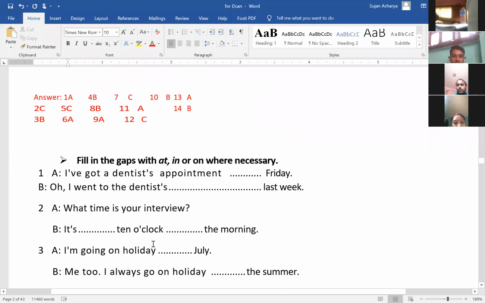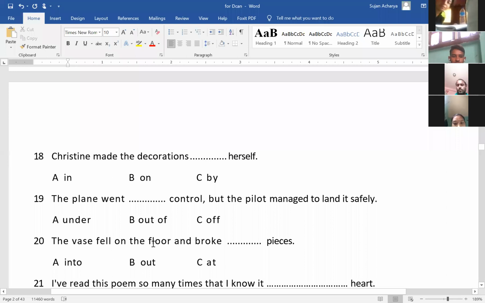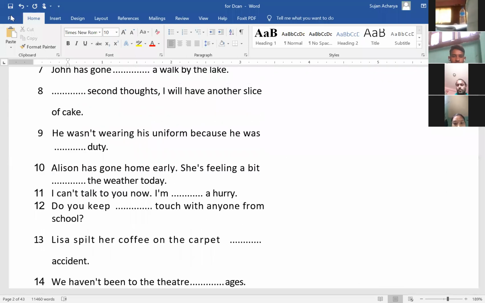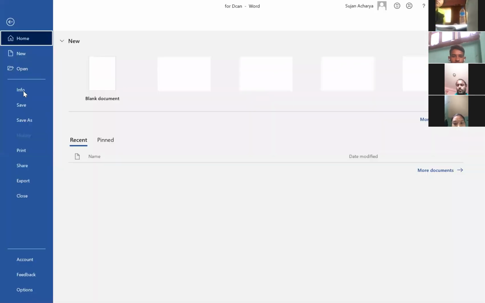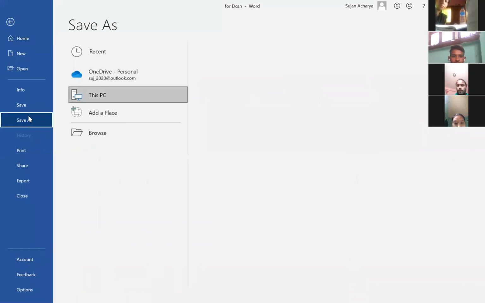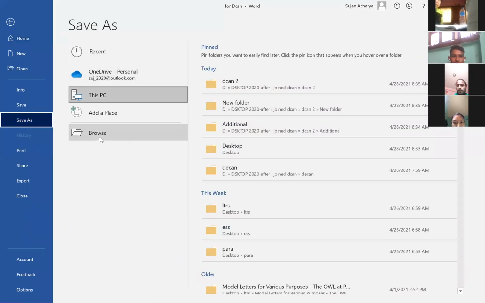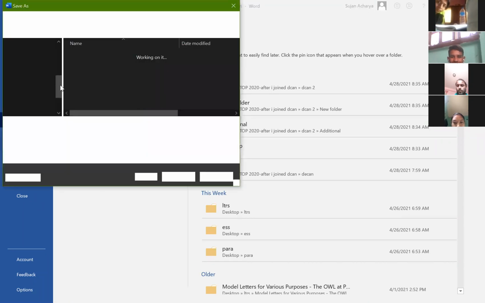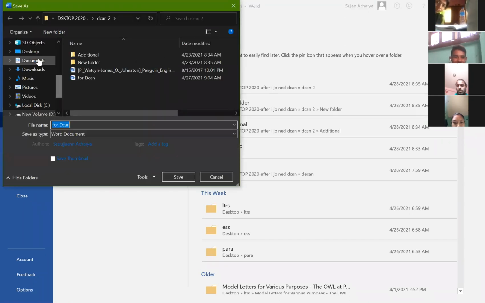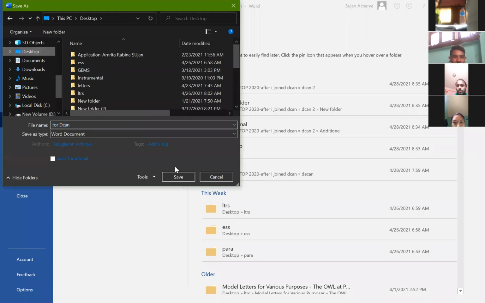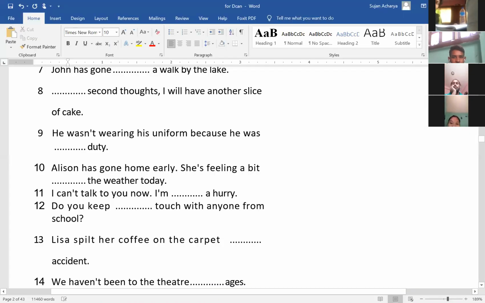यो कुन चाहिँ को फाइल हो? First let me look at the name. File, save as, browse, desktop. Lo, whom shall I send this?